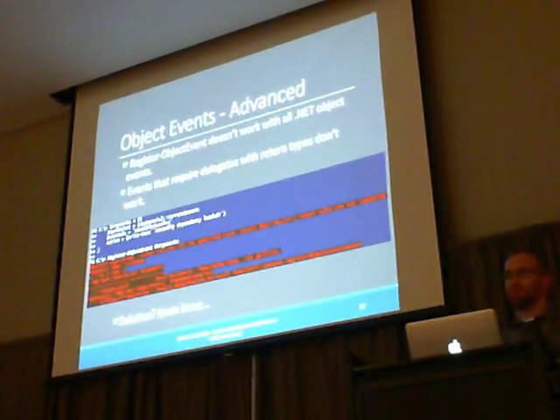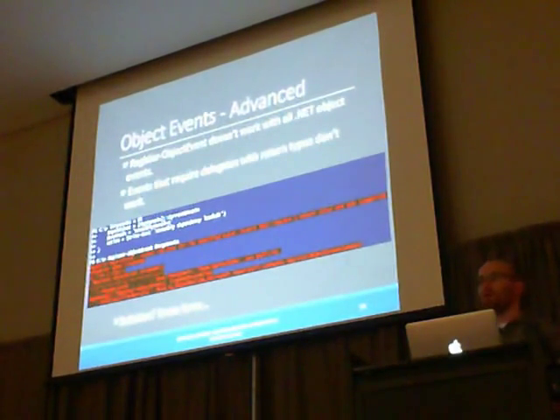Recently I ran into a limitation with register object event where I wanted to register an event for this one particular object, but it wouldn't let me do that because the event handler had a return value. So when I was working on the content for my next talk, I was interested in finding out whenever a dependency needed to be resolved for an assembly.